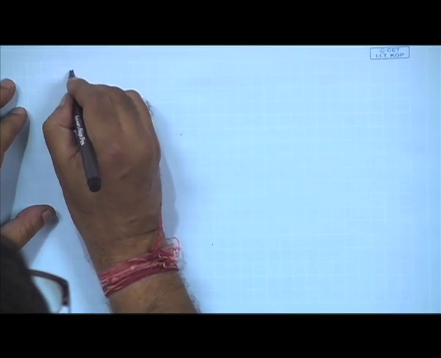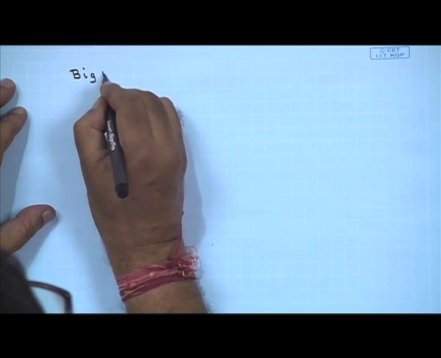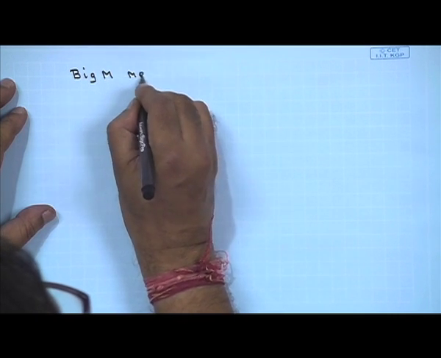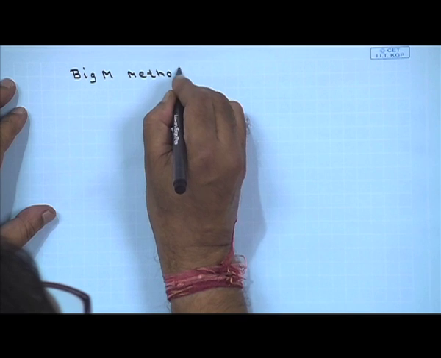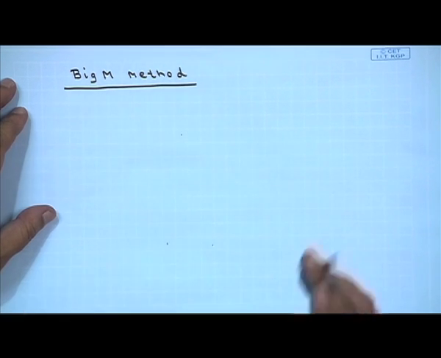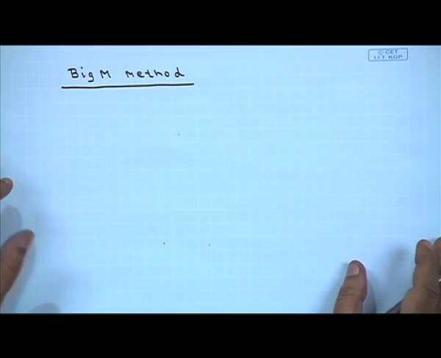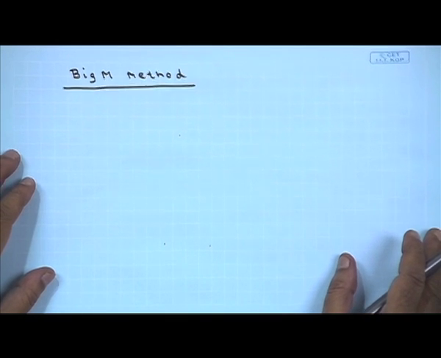Now, let us go to the next topic, that is the big M method. The first one which we have done is the simplex method. Now, we are going for the big M method.